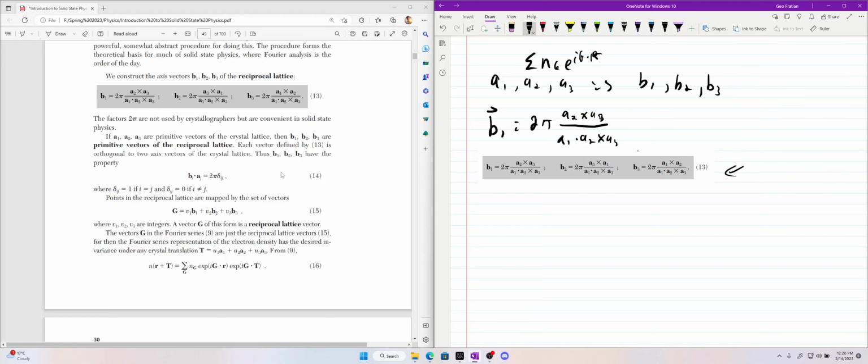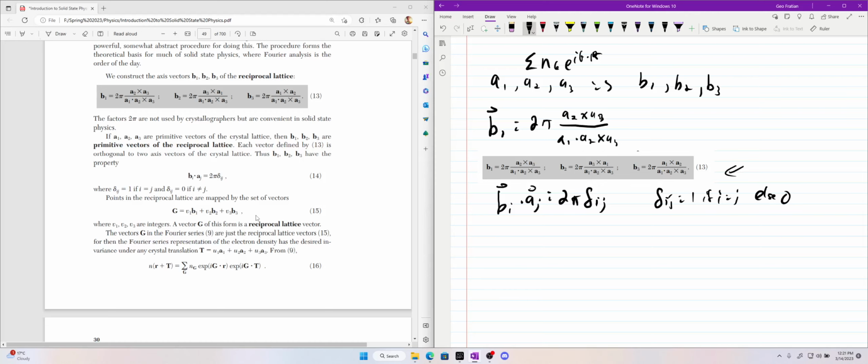Thus, B1, B2, and B3 have the property such that Bi dot Aj is equal to 2 pi delta ij. So basically if I dot B1 with A1, I get 2 pi. If I dot B1 with A2, I get 0. If I dot B1 with A3, I get 0, and so forth. If you remember how the Kronecker delta works, delta ij equals 1 if i equals j, else 0.